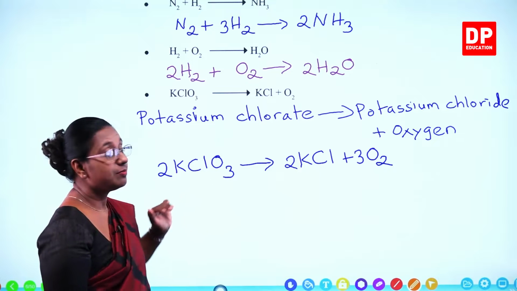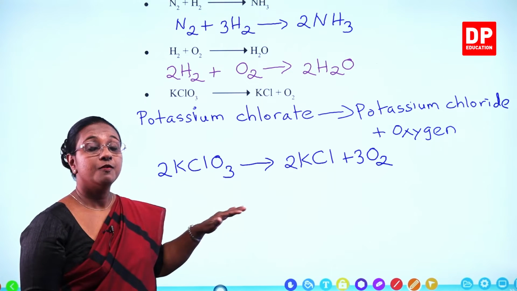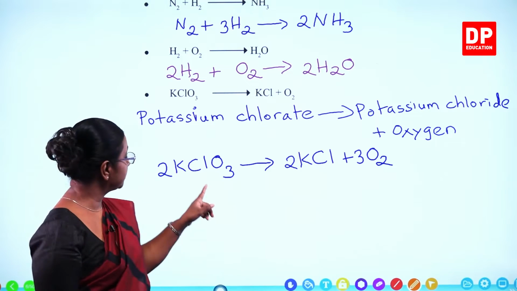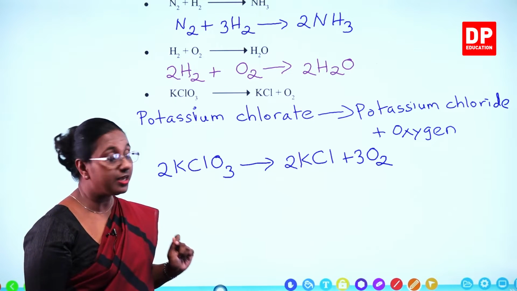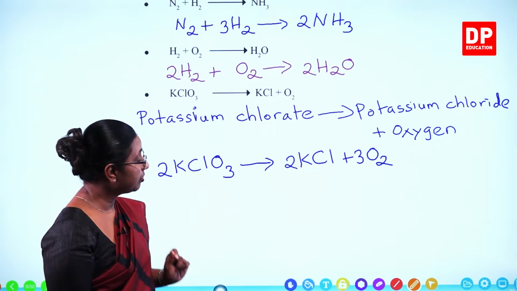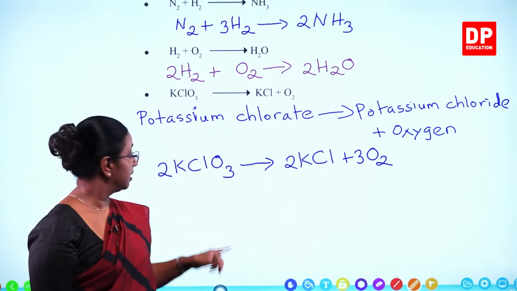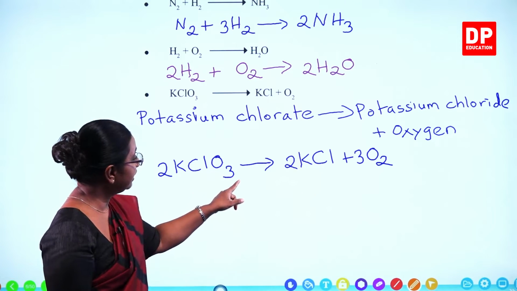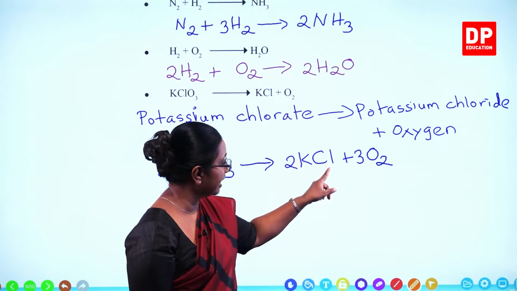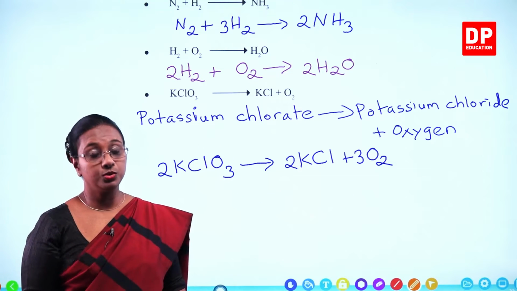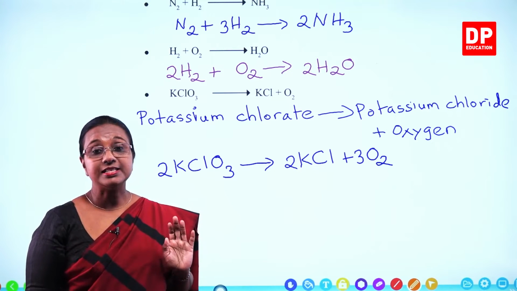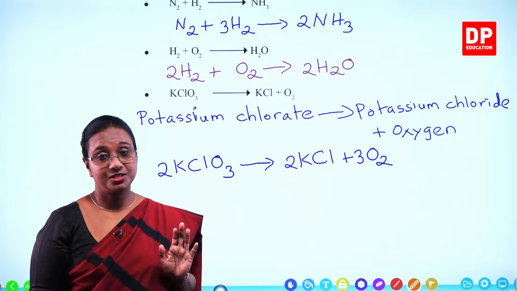So the balanced chemical equation for the chemical decomposition of potassium chlorate to form potassium chloride and oxygen is written like this. 2 KClO3 gives rise to 2 KCl plus 3 O2. That is how you balance the reactions.